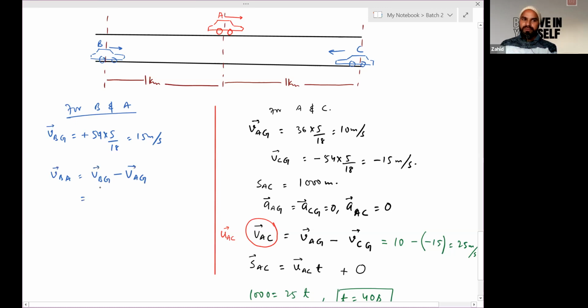As we have velocity of B with respect to ground is 15, velocity of A with respect to ground is 10, so it will be 5 meter per second. And this velocity will behave as initial velocity, so it will be U_BA.